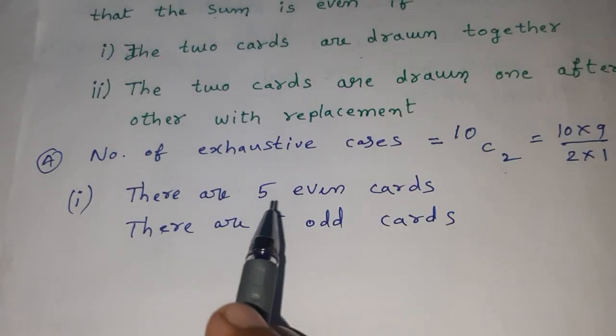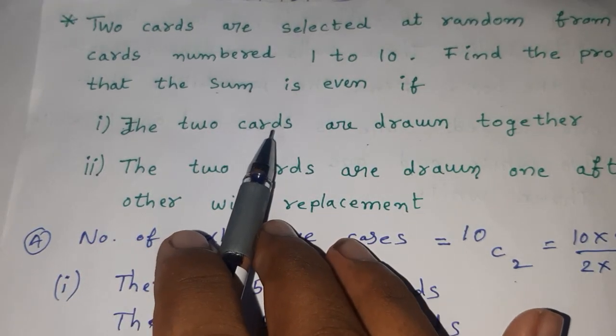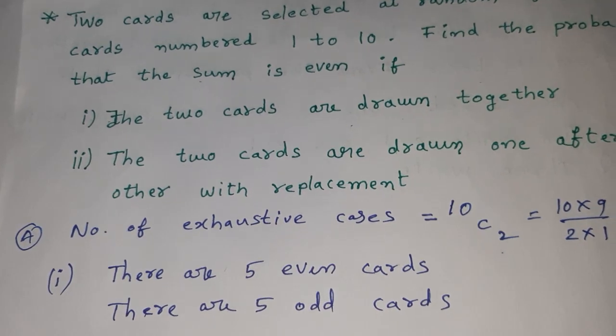We must select 2 chords among the even chords to get the sum as even.